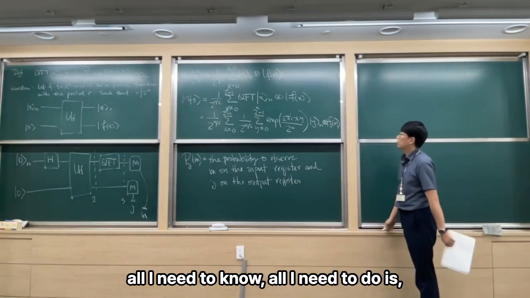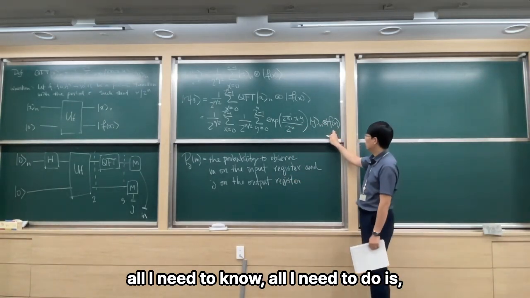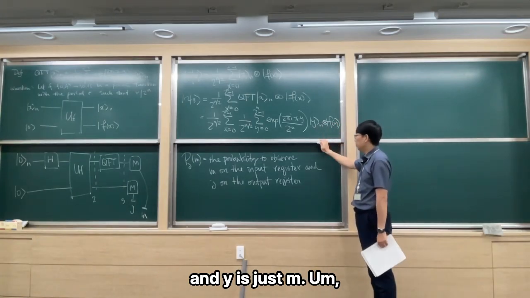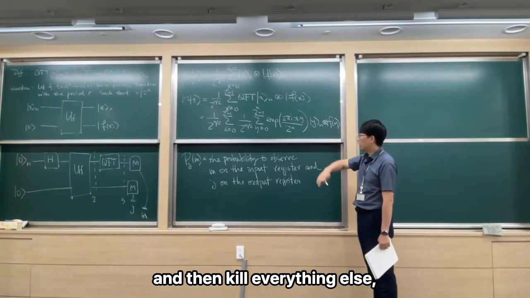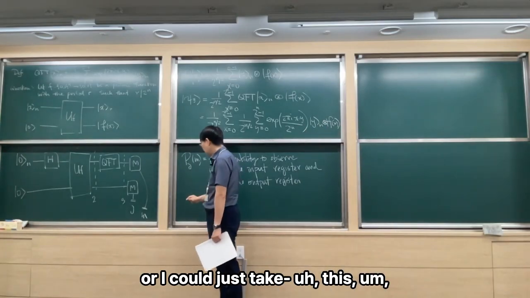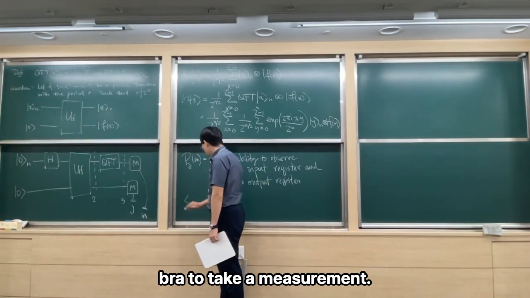All I need to do is pretend that f(x) is just J and y is just M, and then kill everything else. Or I could take this bra to take a measurement.